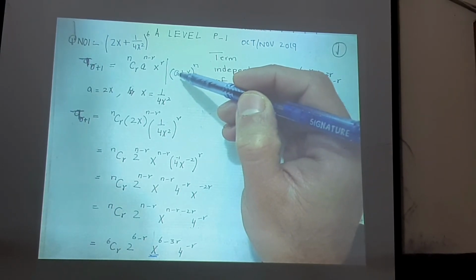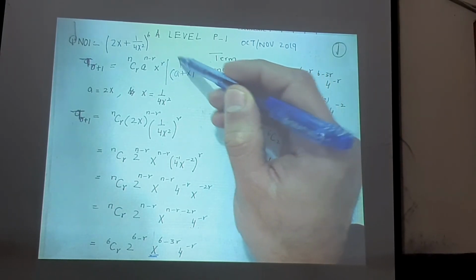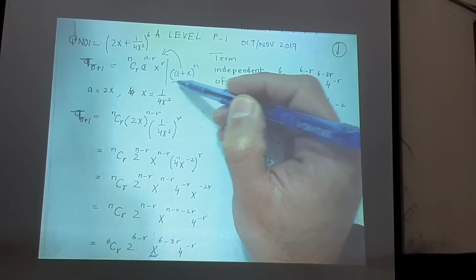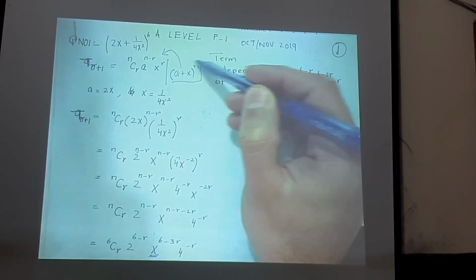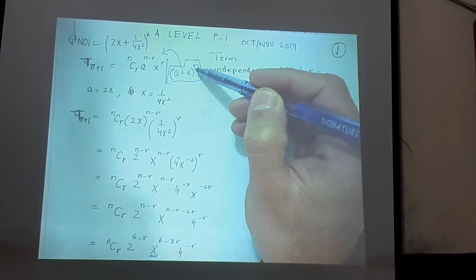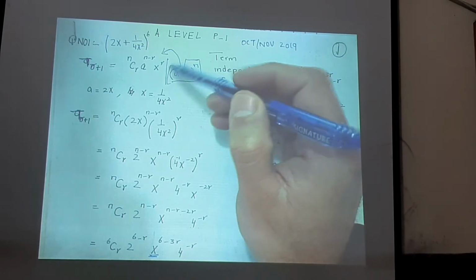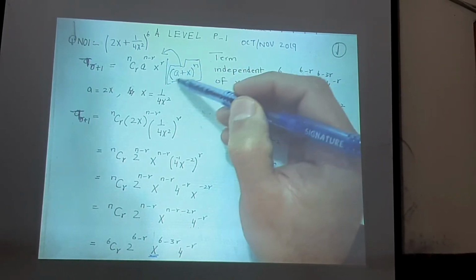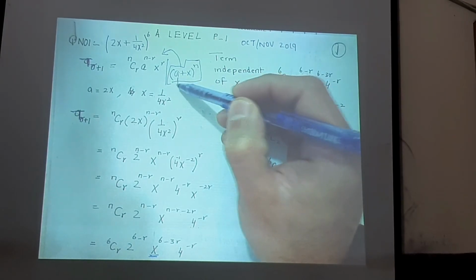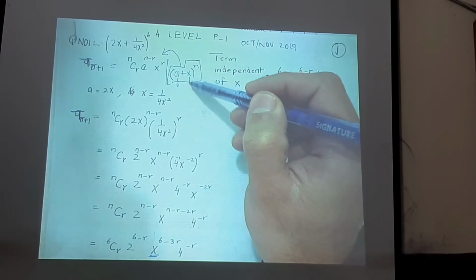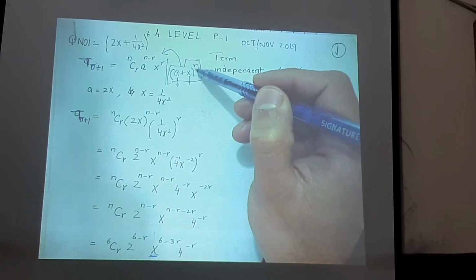Basically this formula is representing this one. Here (a + x) raised to the power n is represented in this formula. So a is our first term, x is the second term, n is the power.